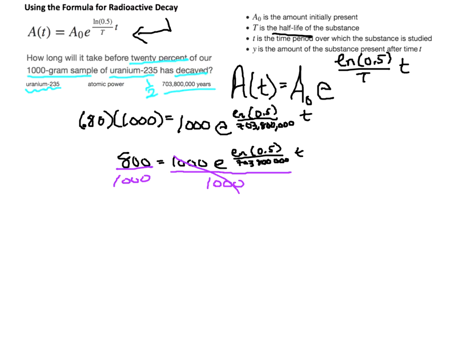And 800 divided by 1,000 is 0.8. So I get 0.8 is equal to E raised to the ln of 0.5 divided by 703,800,000 times T. Now I'm ready to take the ln of both sides.